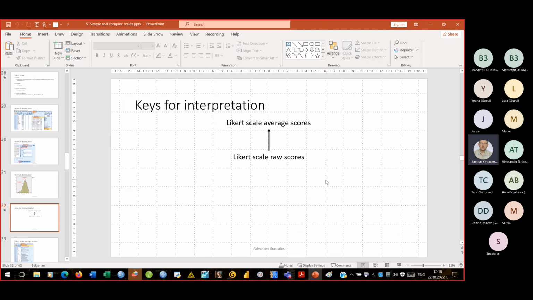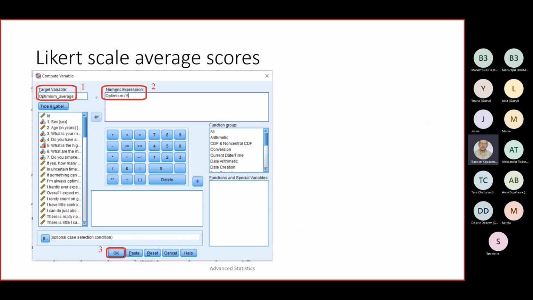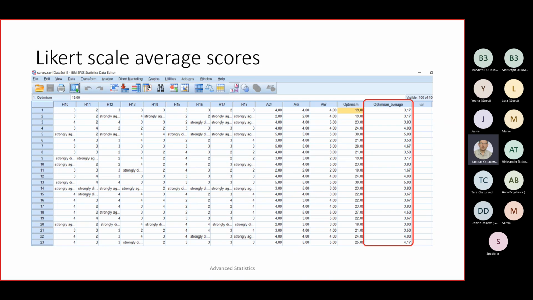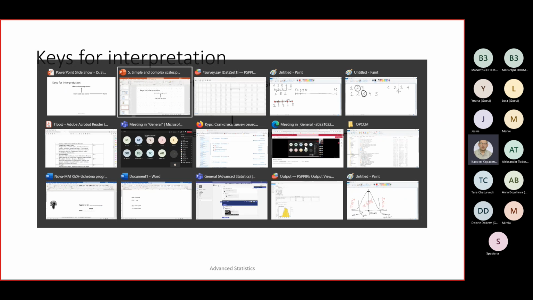The second key, how to compute, we already computed, we already have these results. The second key is to define the norm, and we already did.